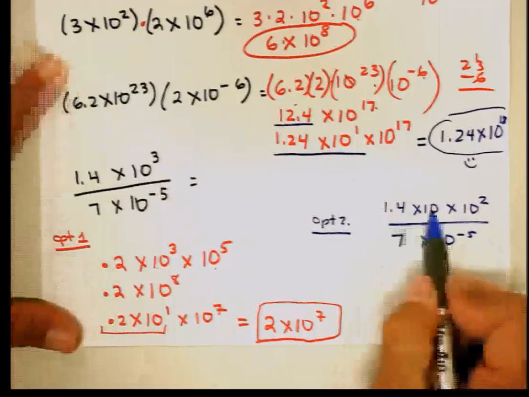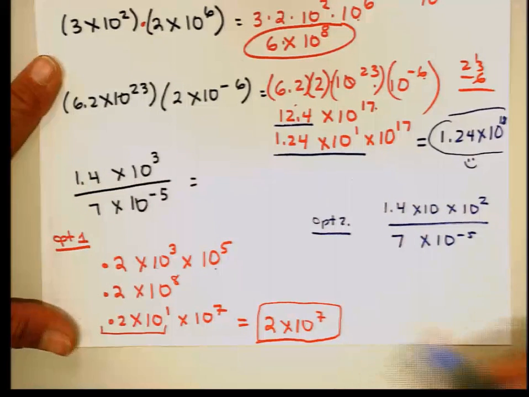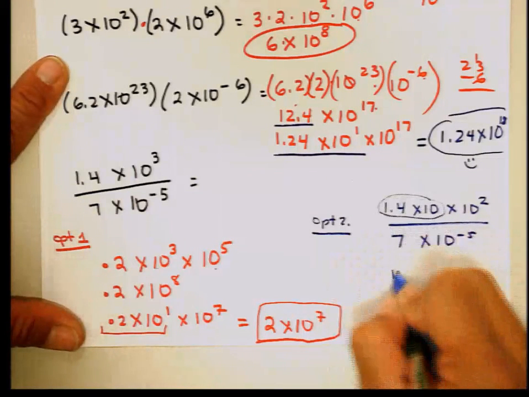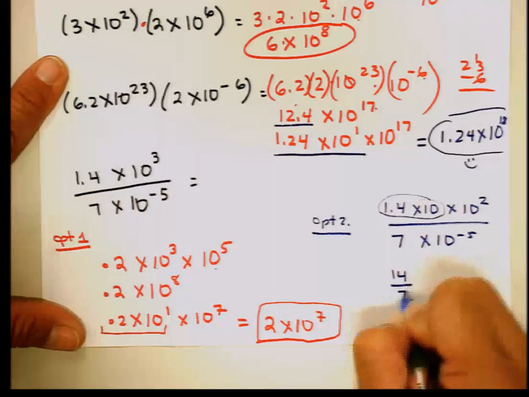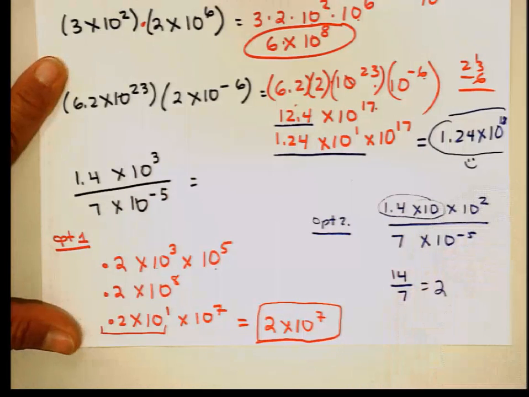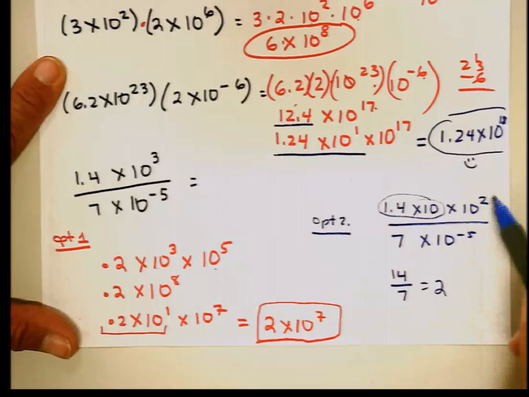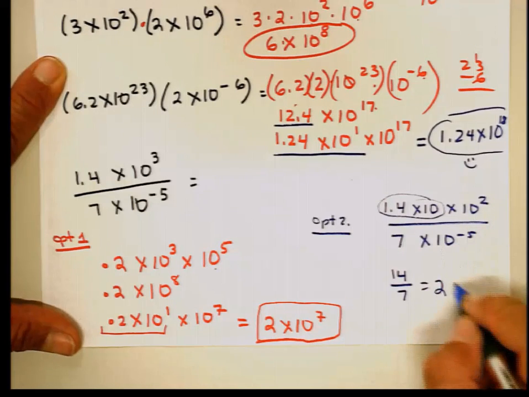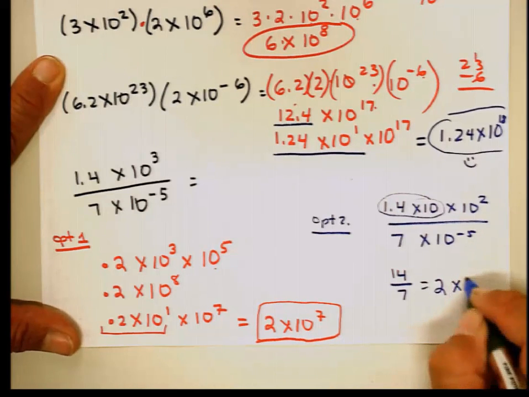And 1.4 times 10, right, would get me to 14. So those two together become 14 over 7. Okay, so there's the 2. And now I have 10 squared divided by 10 to the negative 5.